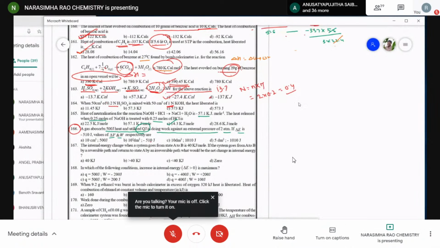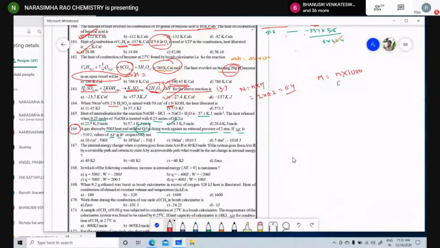Now, normality is equal to molarity for monovalents, no problem. So n factor into molarity is equal to 2 into 0.2, which is 0.4. So this is the molarity of this one. Now, molarity is equal to number of moles into 1000 upon V. Number of moles is equal to molarity into volume by 1000. Molarity is 0.4 into volume 50 by 1000.